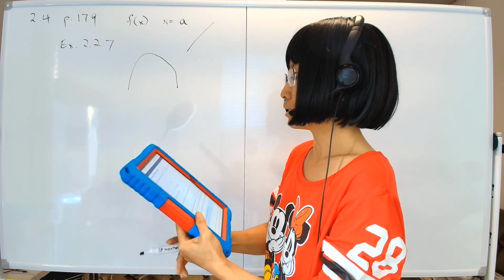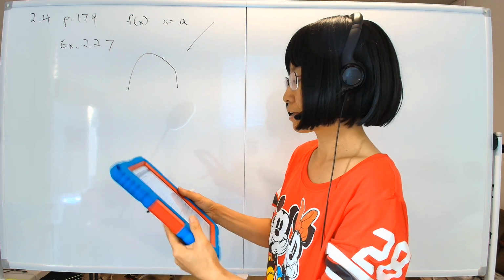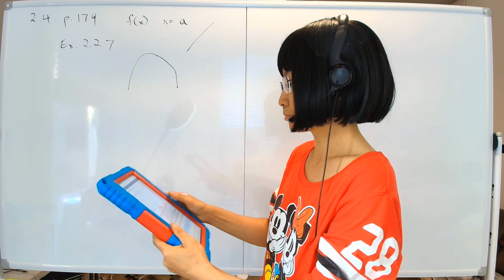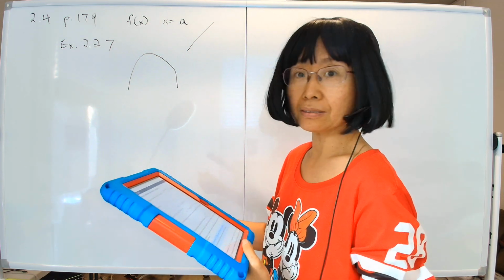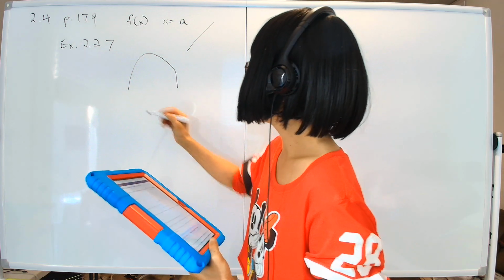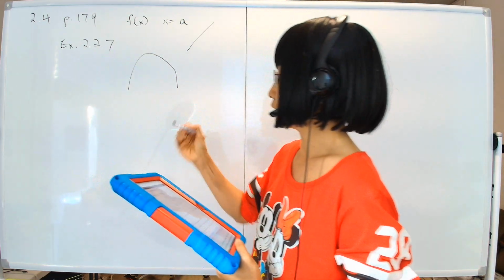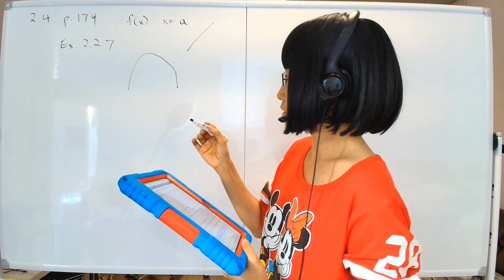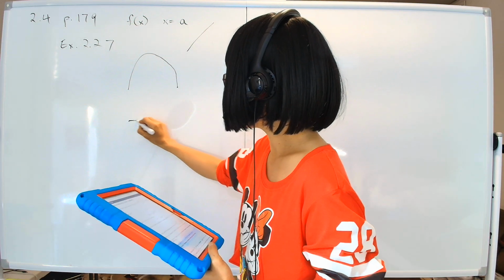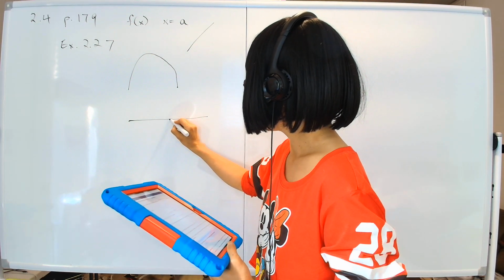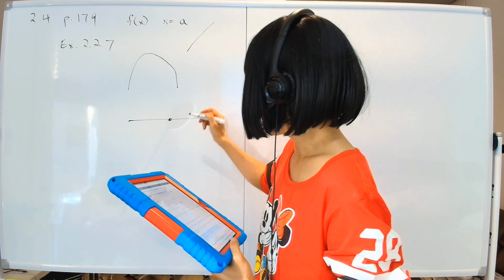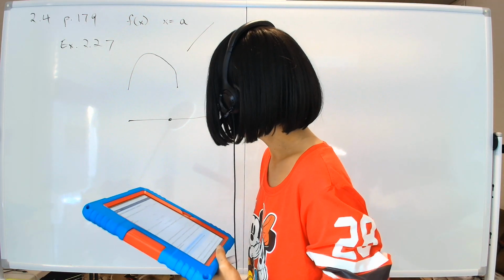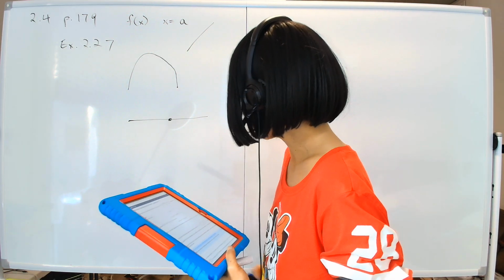Sometimes the limit exists but doesn't equal the value. That's the third condition. Let's look at this particular function. That's not a very good picture, so let me draw a better one.